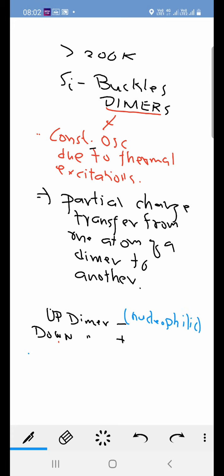It gets attracted towards the nucleus, which is positively charged, and the down dimer, which is positive, is electrophilic because it attracts the electron, which is negatively charged. So this is all about the surface Diels-Alder process.